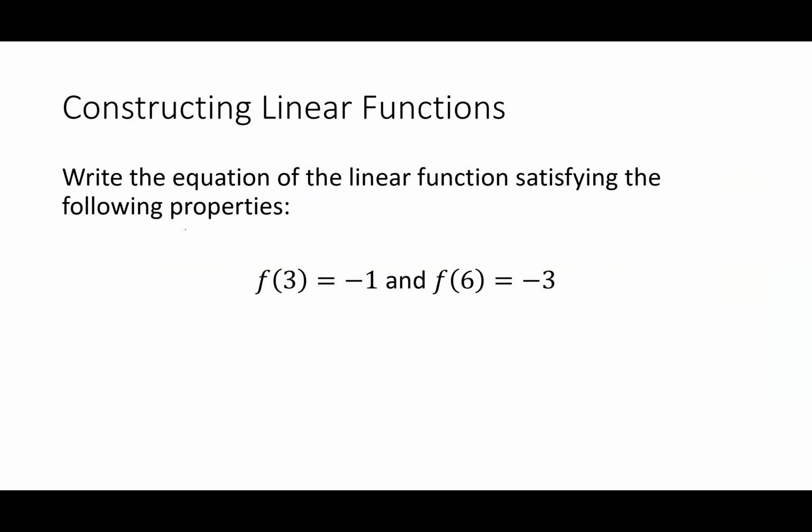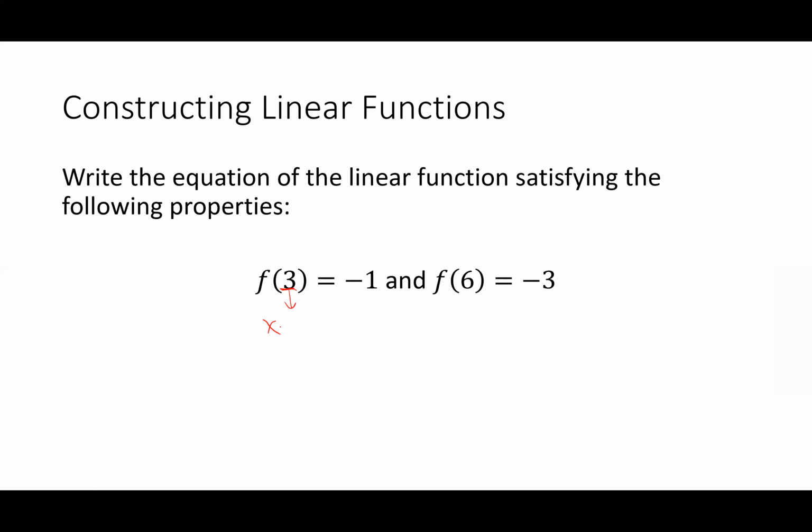So now let's suppose I have these two pieces of information, and I want to write the equation of the linear function that satisfies these properties. I have that f of 3 is equal to -1, and I have that f of 6 is equal to -3. Remember, this is my domain value, so you could think of this as my x.